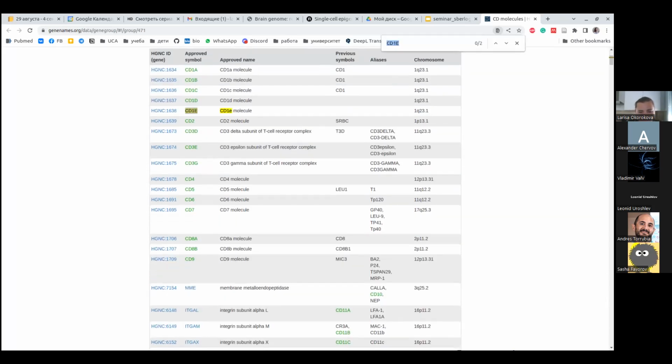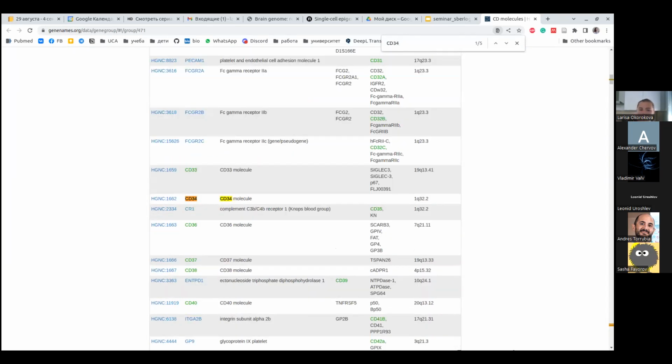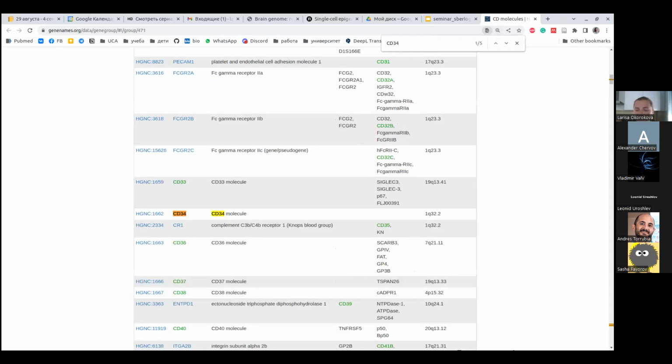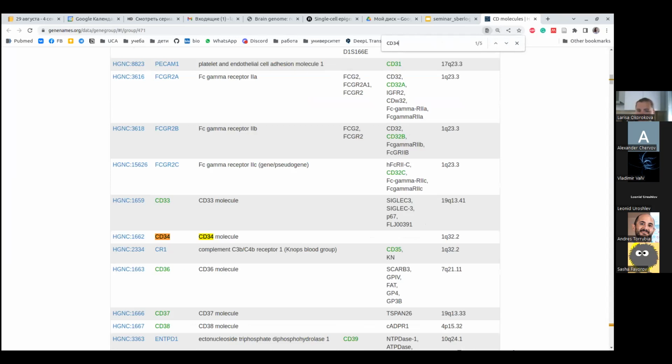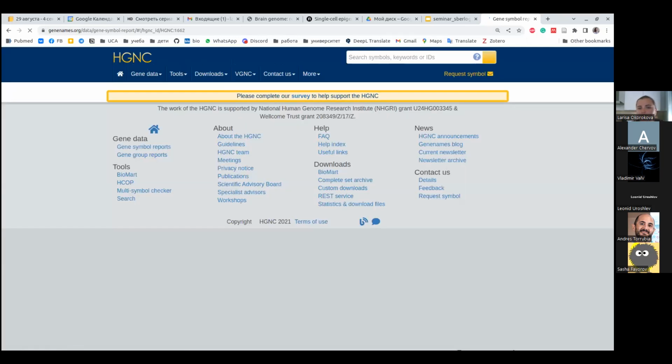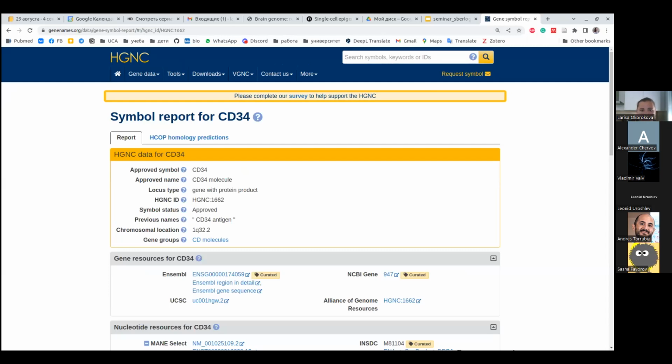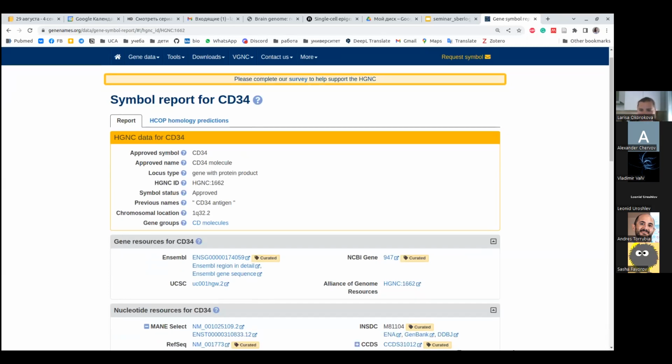And I wanted to show you the CD44 molecule, because as you remember, this is the main molecule which helps us to distinguish hematopoietic stem cells from all the other cells. You can see here the location, but it's very precise, so it's not very useful for you. But here, for example, you can see the other names of this gene and its connection with the other databases.